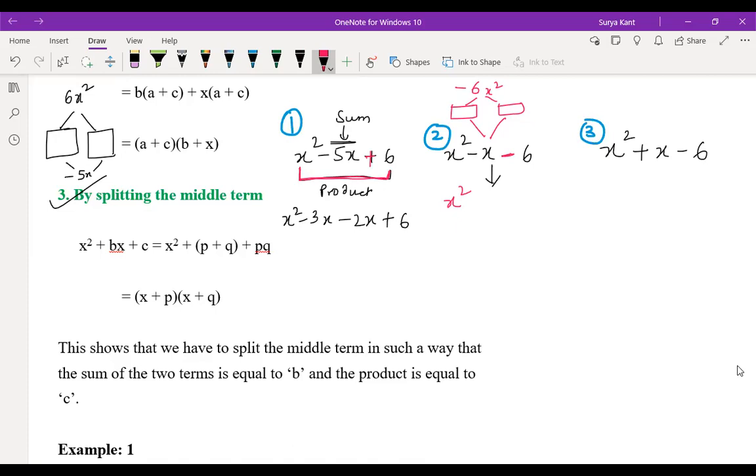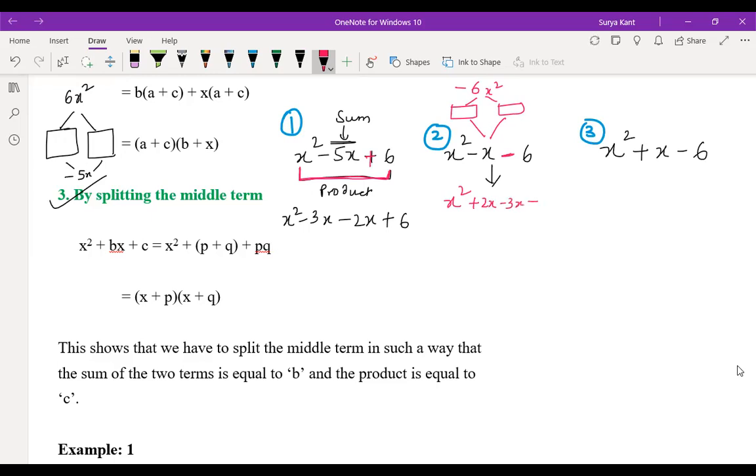Split the middle term, Saicharan, in this case, what do you get? So x, sir. Two parts you should tell me, not only x. I don't know if this is correct, but is it 2x and minus 3x? Yeah, that's it, plus 2x and minus 3x.